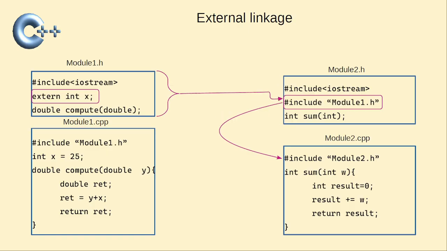It is also possible that the external declaration can be placed in the header file belonging to module 1, which can be included in the module 2 header file, and which will eventually be included in the module 2 translation unit.